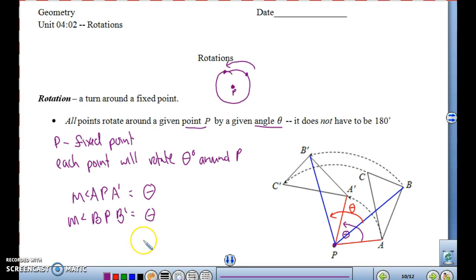And guess what C will be? If we do C, let me do it in green. If I go from C to P to C prime, that measure will also be theta. Every single point turns exactly the same degrees around point P. So they were all equal theta. Every point turns exactly the same degree measure.